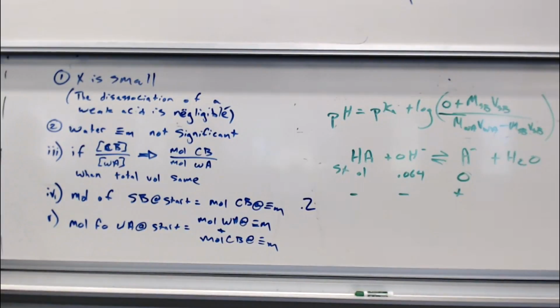Is it because the pH is no longer within plus or minus? Yeah, that's one way to say it. We only use the Henderson-Hasselbalch equation when we're in the buffer range. And if we're at the equivalence point, we are away from pKa plus or minus 1, so we can't use it.